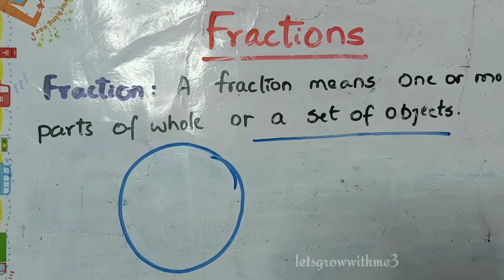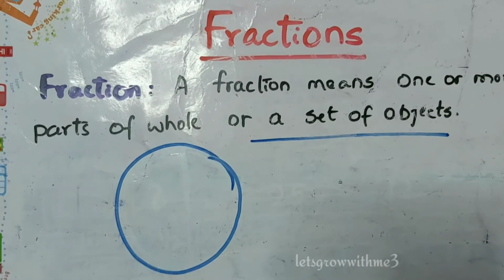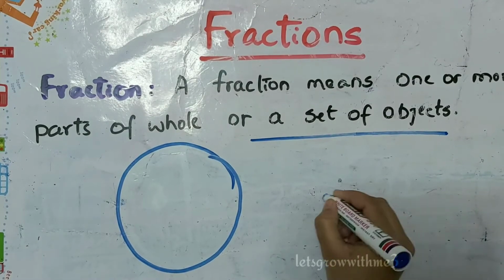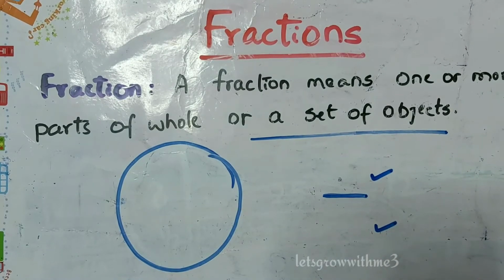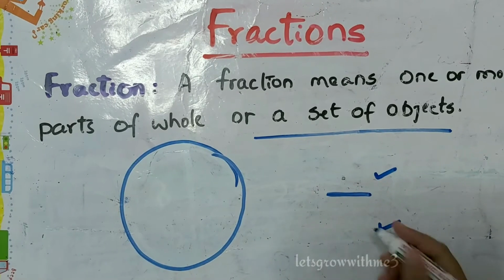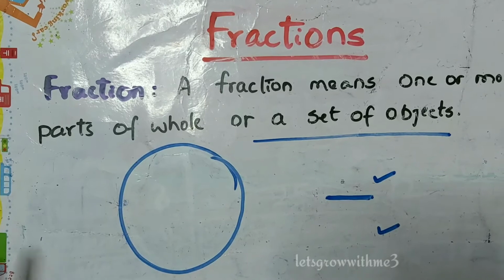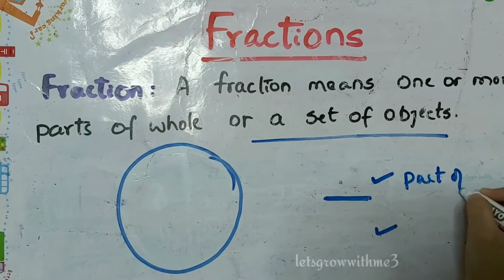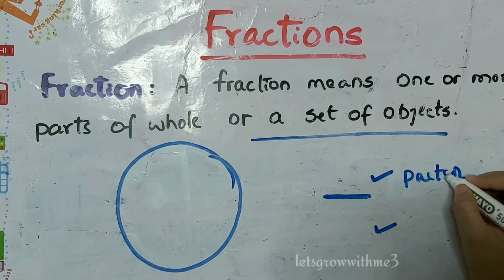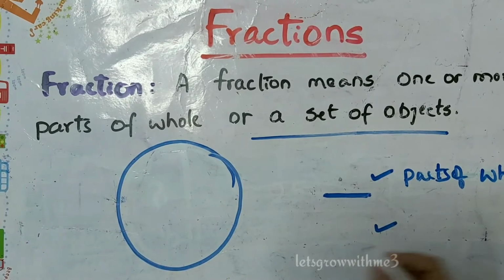The representation of numbers is a bit different. For example, here I have taken one pizza. I will represent the part and whole using this symbol. On top we will write one number and on the bottom another number. These two have a close relationship between them. On top we will write parts of the whole and on the bottom we will write the whole.